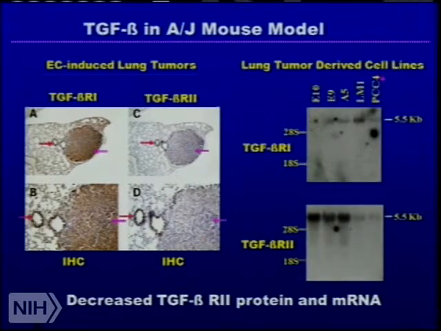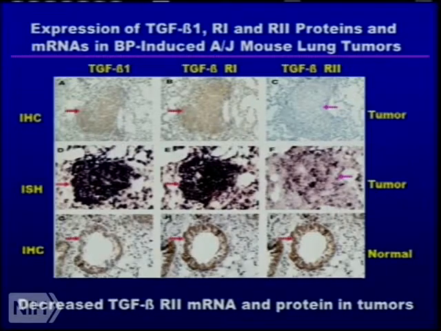We also looked at the expression of the mRNAs for the type 1 and type 2 receptor. Interestingly, we show loss of the type 2 receptor mRNA in the PCC4 cell line, which is a mouse cell line that was derived after treatment with ethyl carbamate. So we show decreased production of the protein and mRNA for the type 2 TGF-beta receptor in the aging mouse model system we were using.